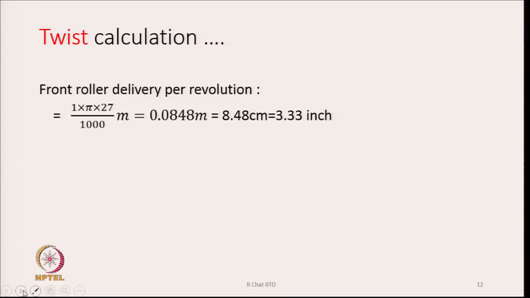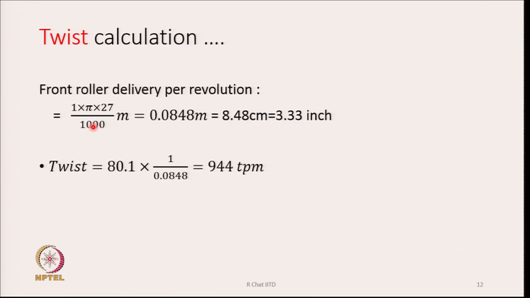Then from the front roller, how much is delivered per revolution? We all know it is pi d n, where d is the diameter, which is 27 mm, for one revolution, and we have divided it by 1000 to make it into meters.